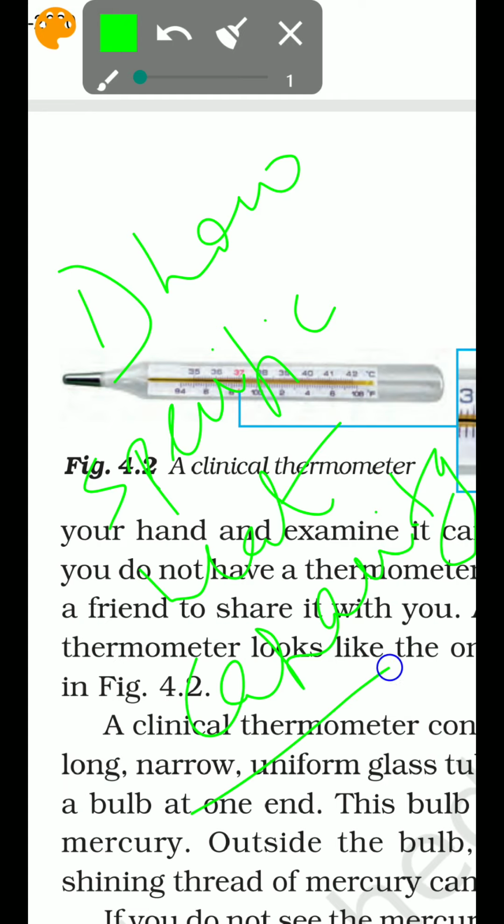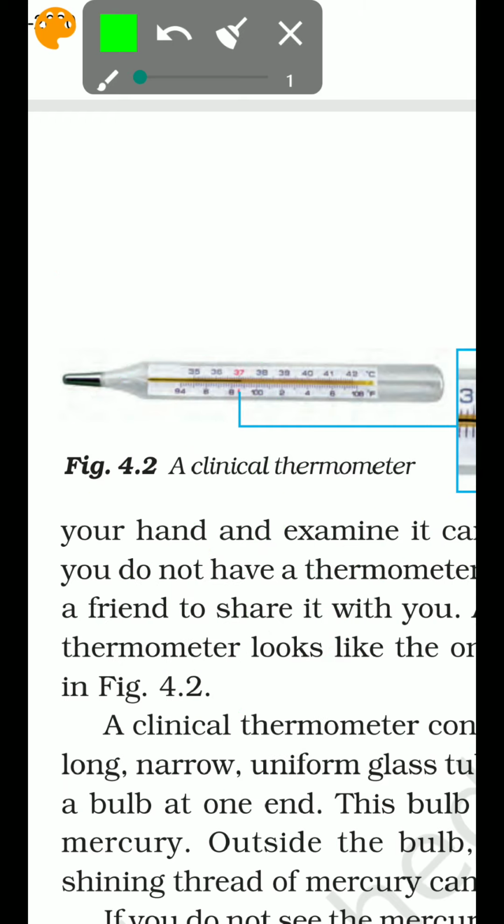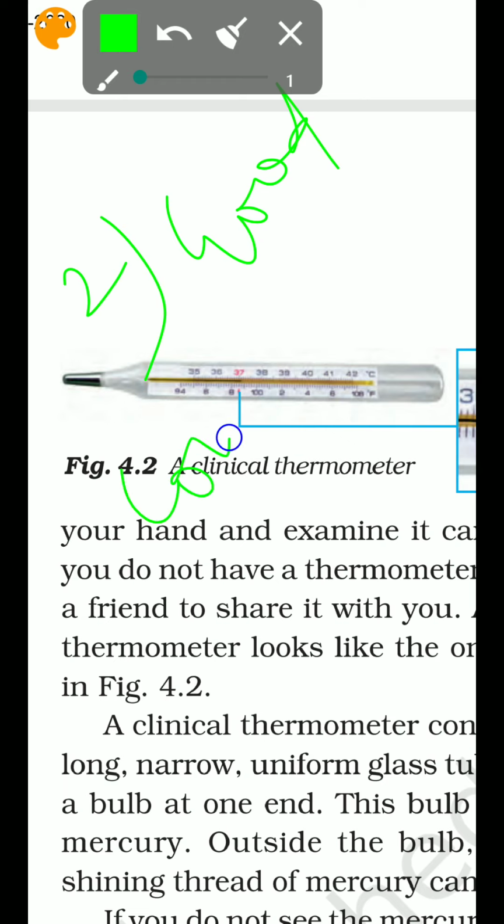And these are the characteristics of mercury also, so that we always choose mercury. The second important property that the thermometric liquid should have is that it should be a good conductor.